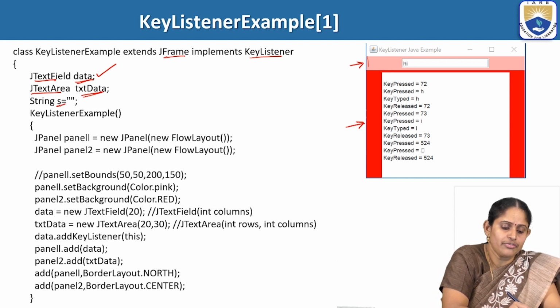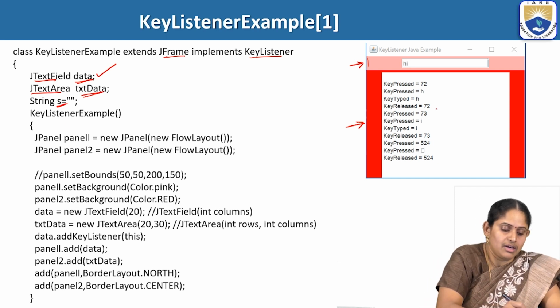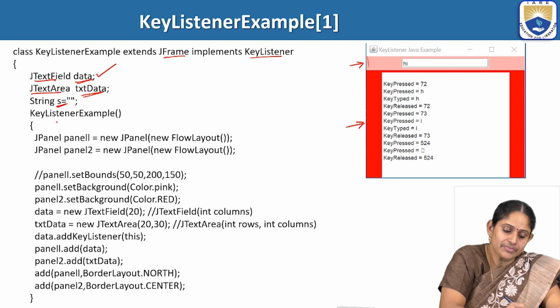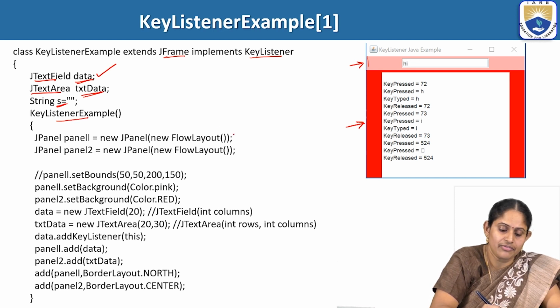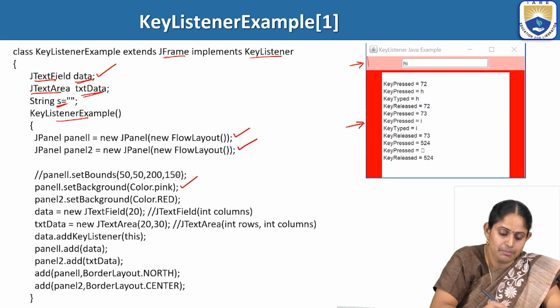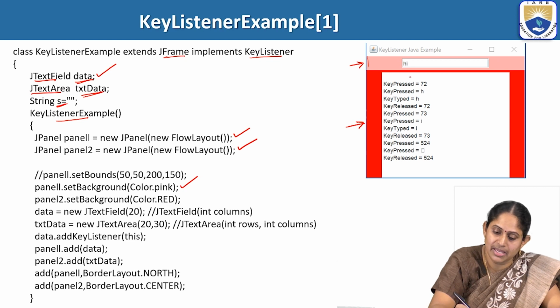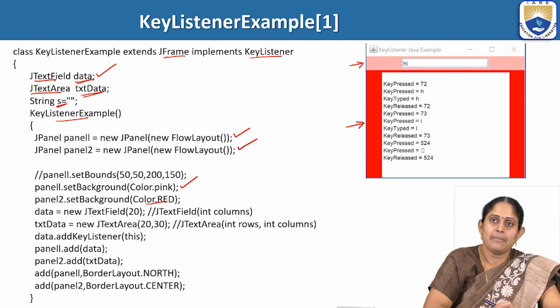Then we use a string s to display the messages. Now we implement the KeyListenerExample constructor, wherein we define 2 panels, panel1 and panel2, of flow layout. Panel1's background color is set to pink. So that pink part is our panel1 and the red one is our panel2.